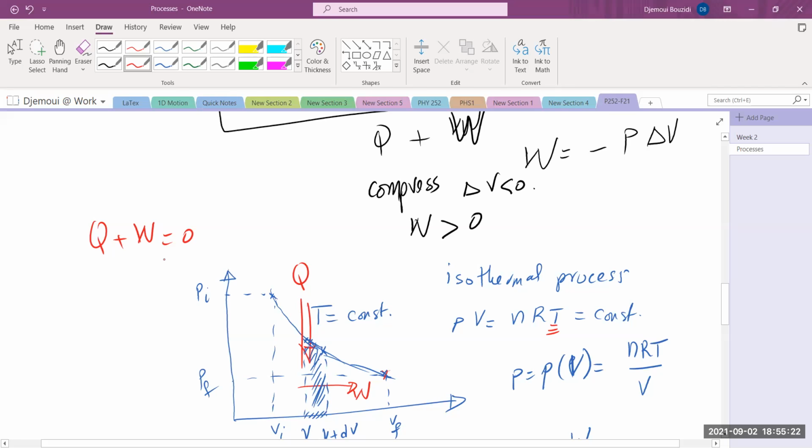So we're taking heat and doing work. How much work at the end did we do? Actually, we did this area. This is the actual work, the area that we calculated. That's the definition of the area.